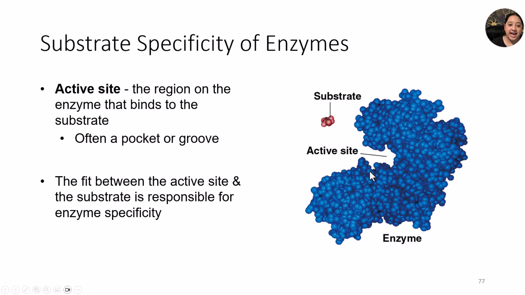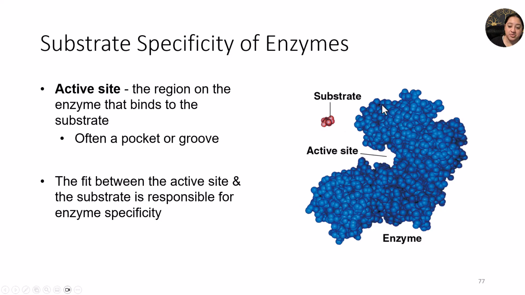And again, the active site of an enzyme is the region on the enzyme that binds to the substrate. It's usually like a pocket or a groove. Remember, even though we represent all kinds of things as blobs, that's not actually how they look. This is probably even still simplified. An enzyme is a protein.